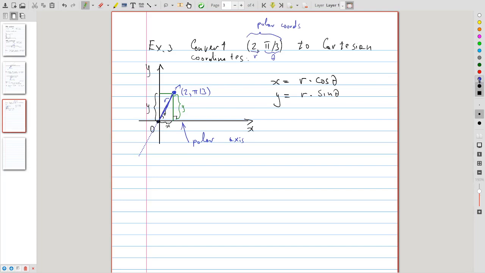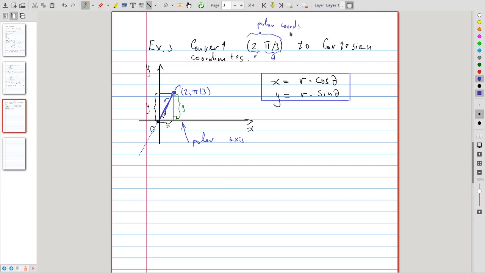And so this formula will be used from now on to convert polar coordinates to Cartesian coordinates. So it applies for all values of r and theta.